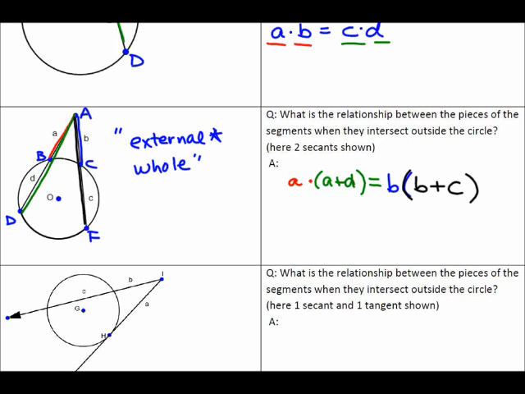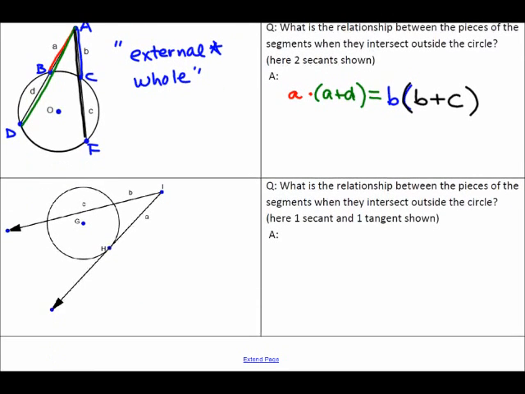Okay, and then our third one is a similar situation. You still have two special segments that are intersecting outside the circle. This time we have a secant and we have a tangent. The tangent is special because its external tangent segment, which in our picture is A, is the same thing as the whole length, because all we care about is the piece that is either outside or inside the circle.